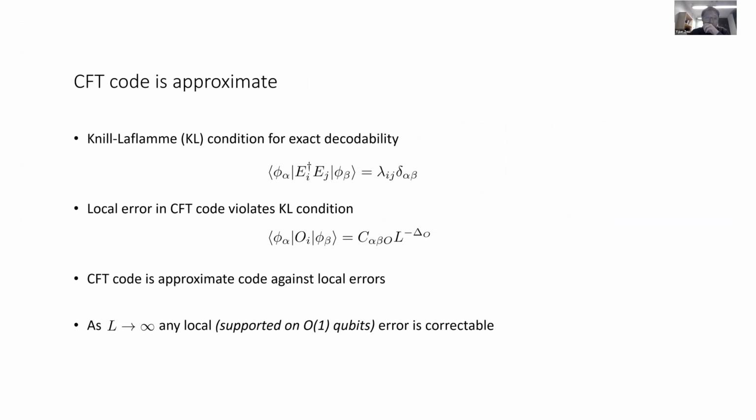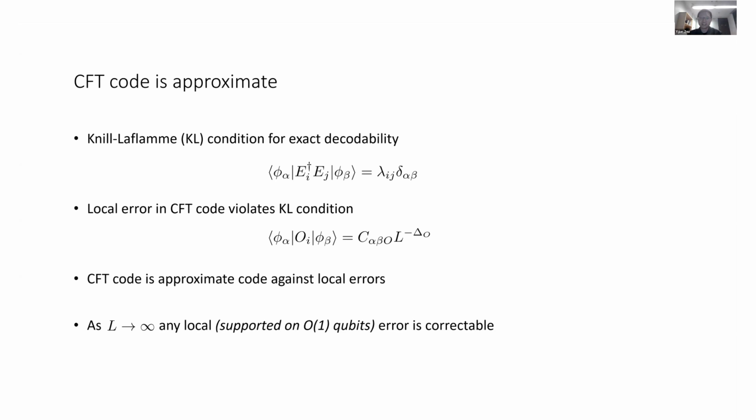Okay, so then we want to talk about whether this code can tolerate errors. Remember that for the repetition code, we can only correct bit flip errors up to 1/2 of the total system, right? For the CFT code, things are a little bit complicated, because first the code becomes approximate. For the repetition code, the code is exact.